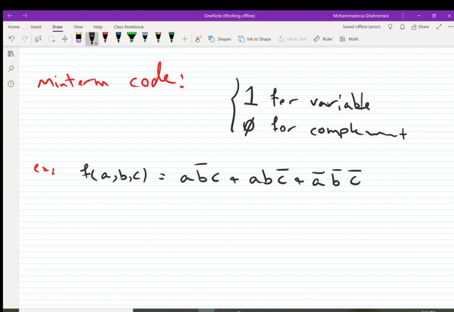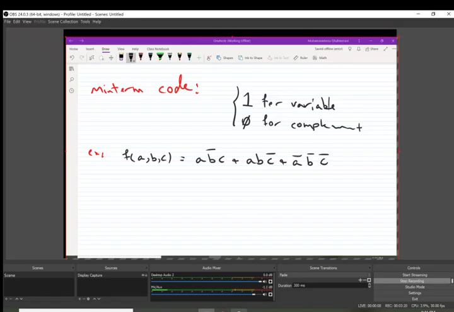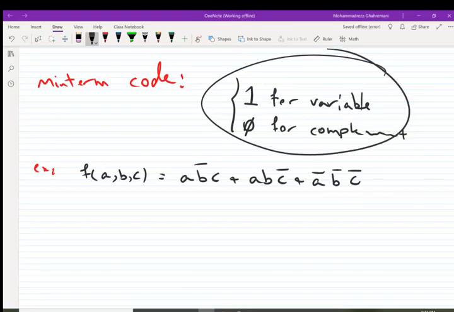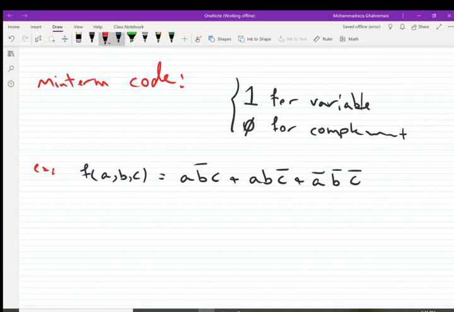What about finding the minterms from the function? Here is the answer. We need to use minterm code. How can we use minterm code to find the minterms? Using this simple rule: 1 for variables and 0 for complements. So for any variable, we assign 1, for complement 0: 1, 0, 1; 1, 1, 0; 0, 0, 0.